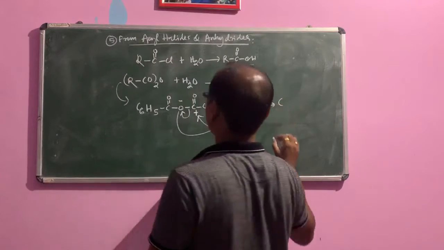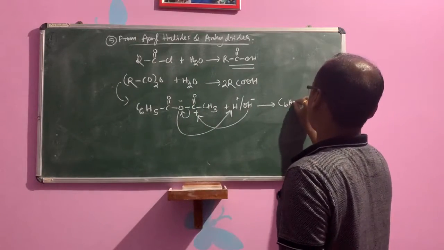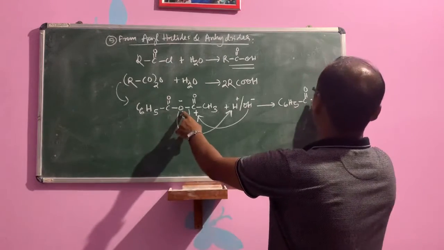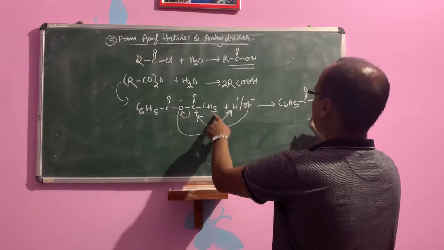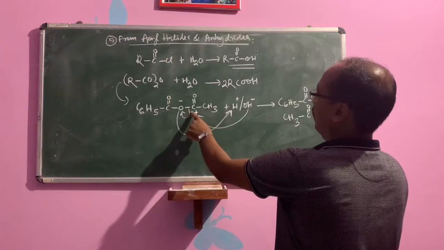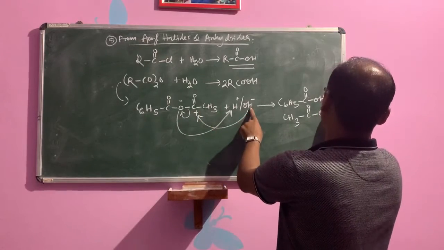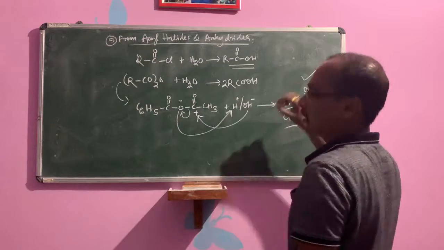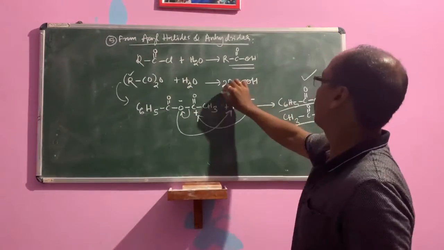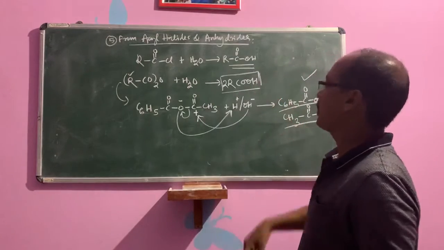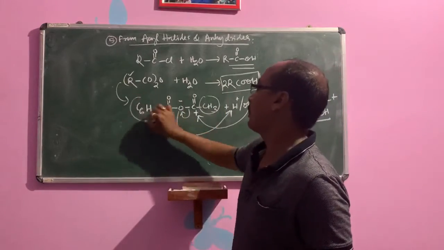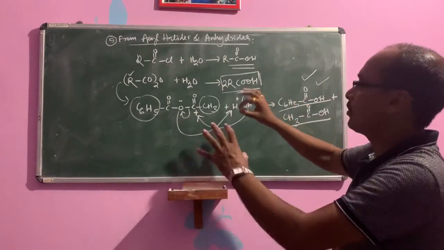So what are the products? C6H5-C double bond O-OH plus CH3-C double bond O-OH. The product is a carboxylic acid. If you take the same R, it will form the same carboxylic acid. If you take different groups, then a mixture of different carboxylic acids will form. This is the product.